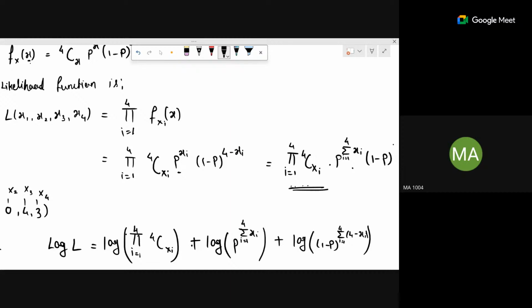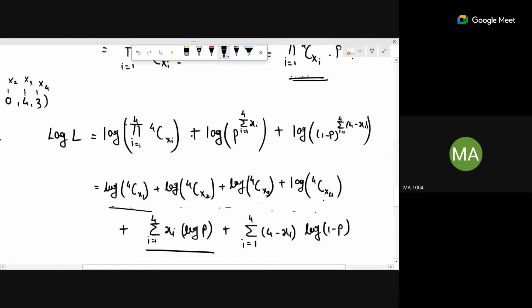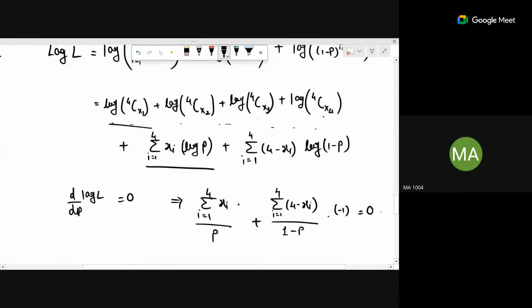Remember that in the maximum likelihood function, later on we are going to differentiate the function with respect to our parameter. So if the parameter is not there in a particular term, you can cancel it out. You can skip that term. I have skipped it here just to show that if you differentiate it with respect to p, the terms are going to be 0.